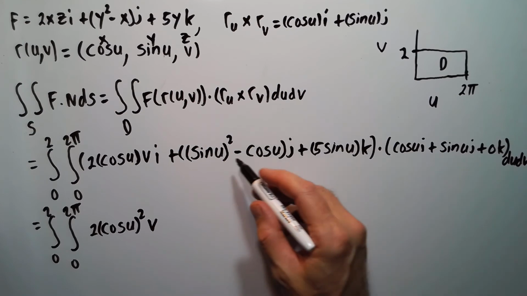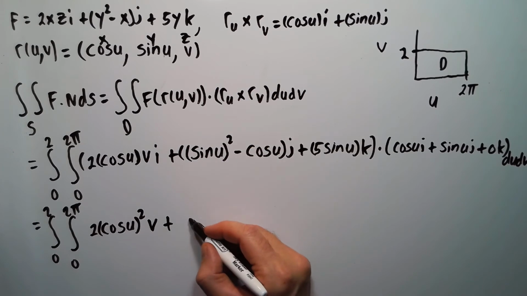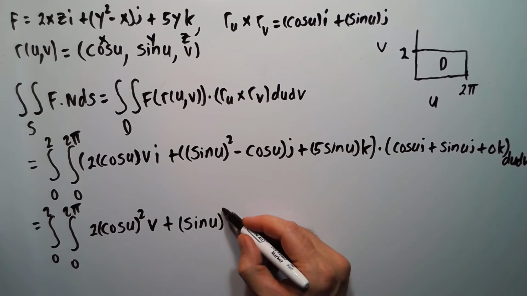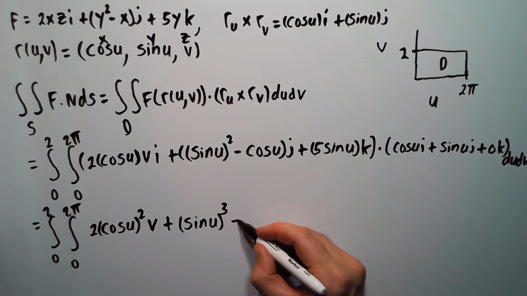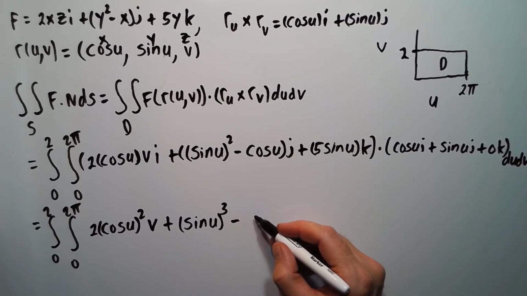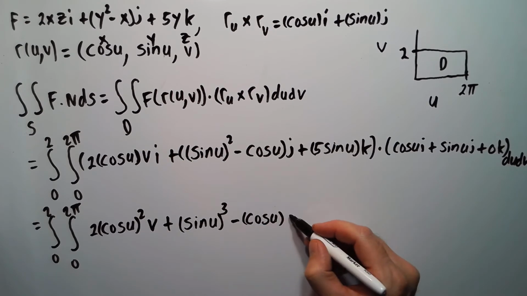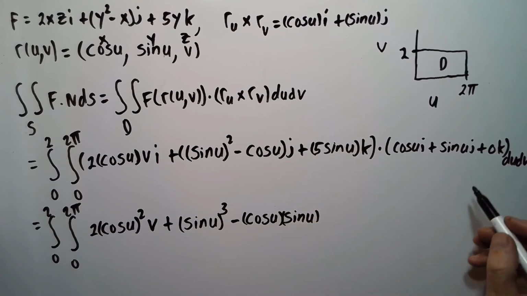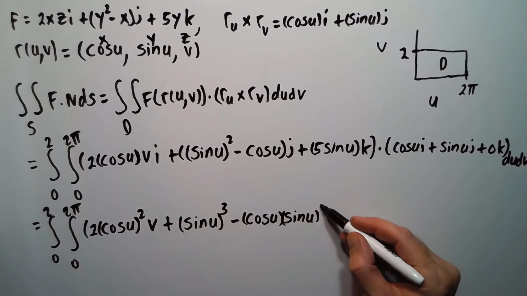So multiplying that in, it'll be plus sine times sine squared, which is sine cubed. And it'll be sine times minus, cosines will be minus sine cosine. Now 0 times this will be nothing there, so it'll be just this right here.